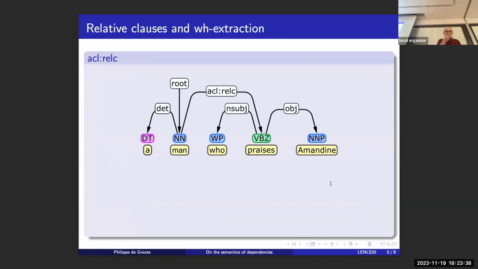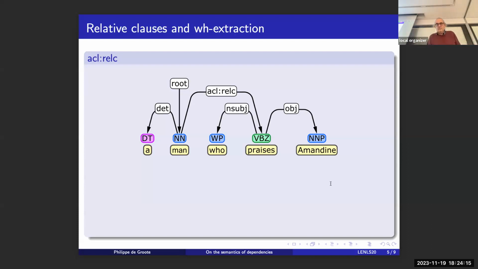So here is an example of a relative clause: "a man who praises a man", so it's a noun phrase. And you see that the difficulty is that semantically, "who" in a Montague treatment would be the semantic head of this noun phrase. But here, this is not the case. The head is "man", and for the relative clause, the head is the verb.